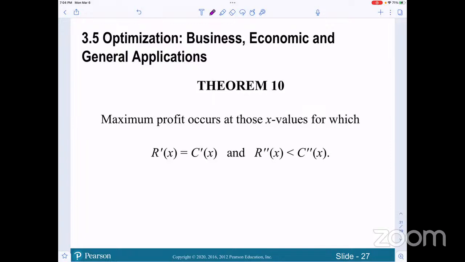Okay. And what does that tell us? So then that's going to give us what? A maximum if the second derivative is less than. I'm just trying to conceptualize how they got this. Let's just kind of go with it for right now.